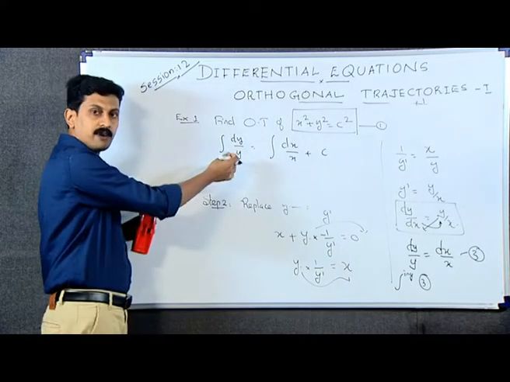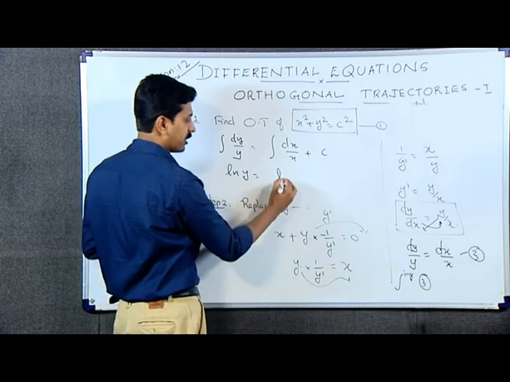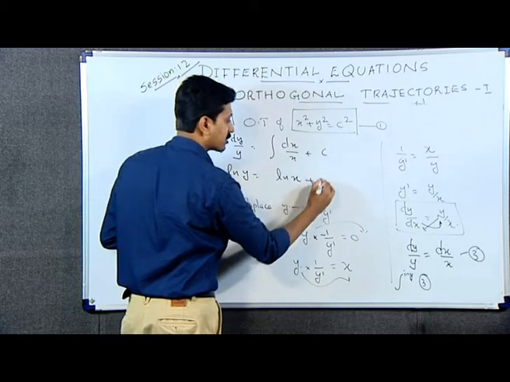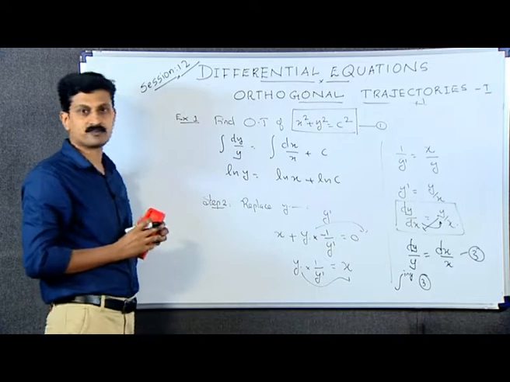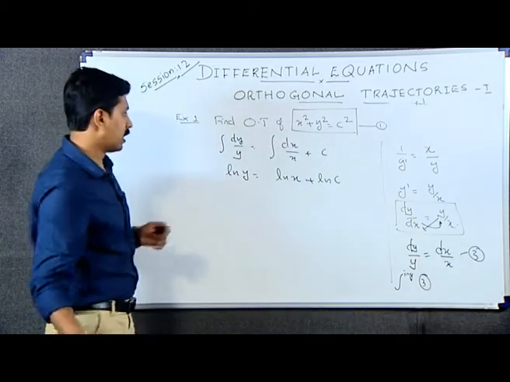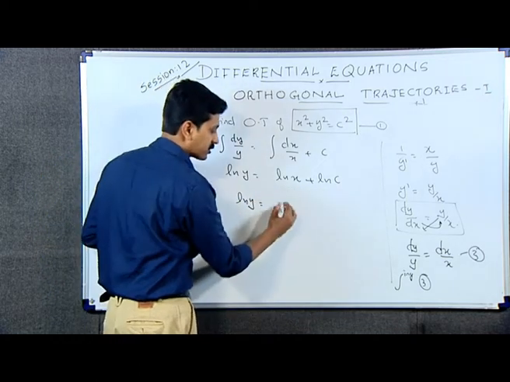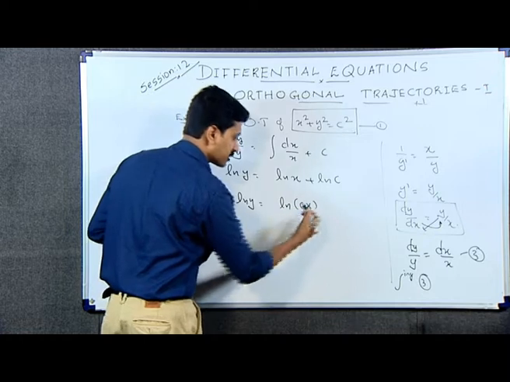So, integral of dy by y, that is log y, is equal to integral of dx by x, log x. I am taking the constant as log c. So, we will have log y is equal to log x plus log c, as log of cx.